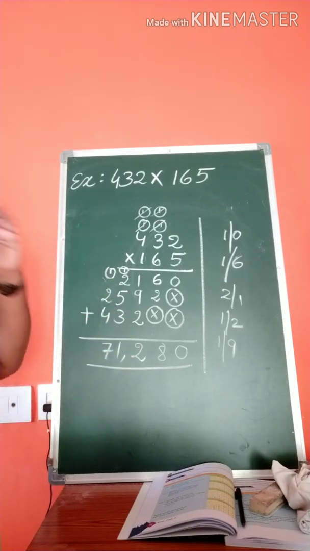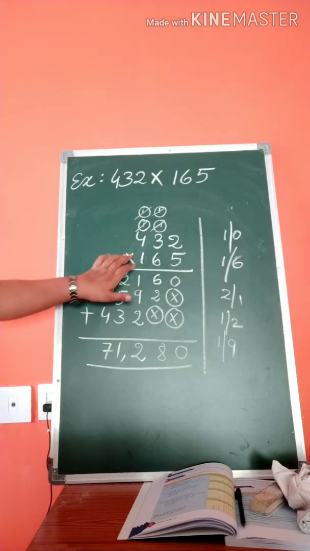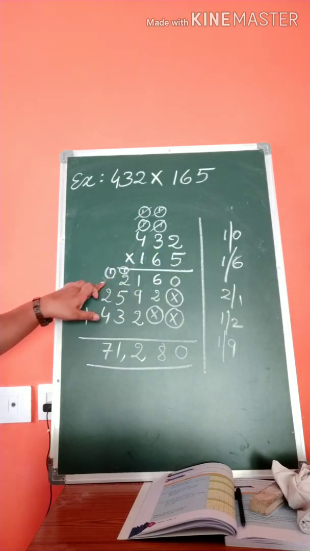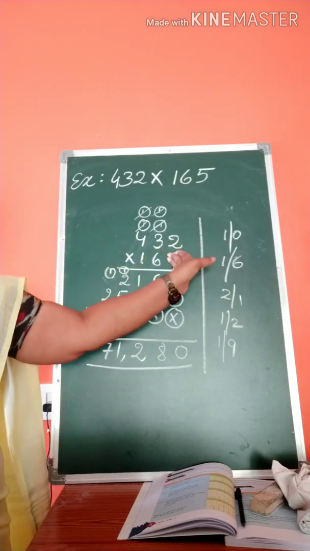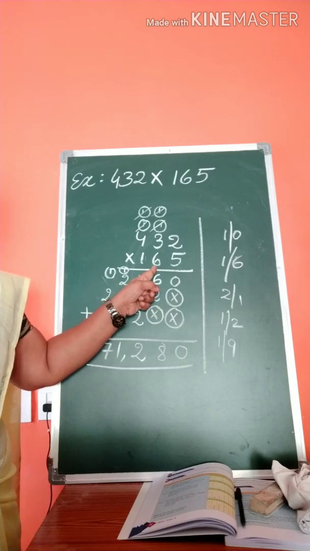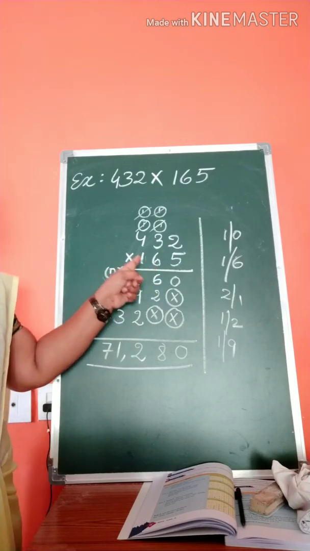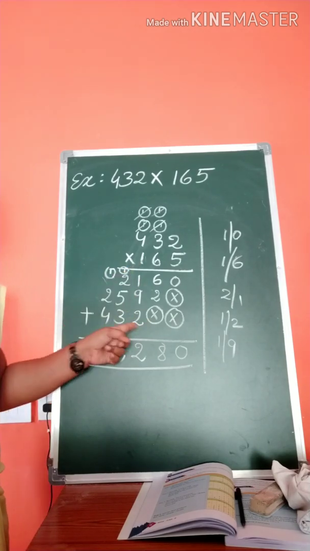Got it, children? First what we have to do? We have to forget the digits in the tens place and hundreds place. We have to do the multiplication with the digit in the ones place. Next you forget about the hundreds place and the ones place. And we have to do the multiplication with the digit in the tens place. Next we have to do the multiplication with the digit in the hundreds place.